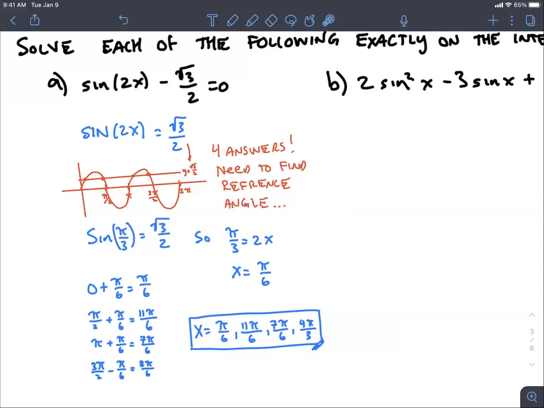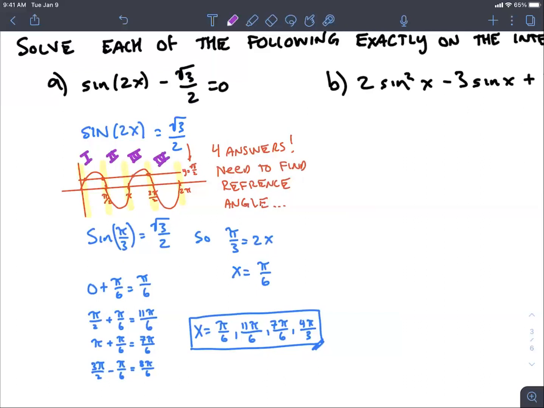And we're going to need to find a reference angle so we can find all of these answers. It's also worth noting that these lines right here, if I were to divide them like this, are the different quadrants in the unit circle, right? This is quadrant number 1, this is quadrant number 2, etc. It's really hard to see. Let's see if I do that. This is quadrant number 1, this is quadrant number 2, this is quadrant number 3, this is quadrant 4.